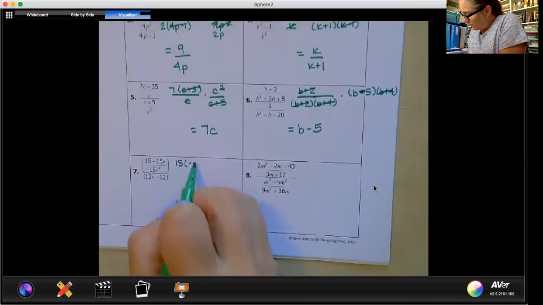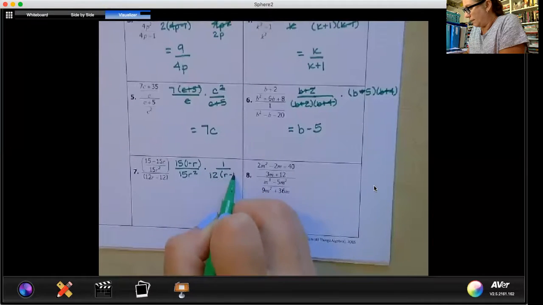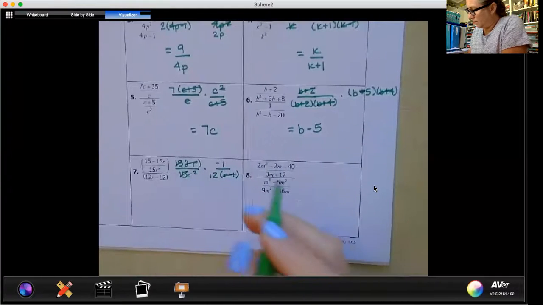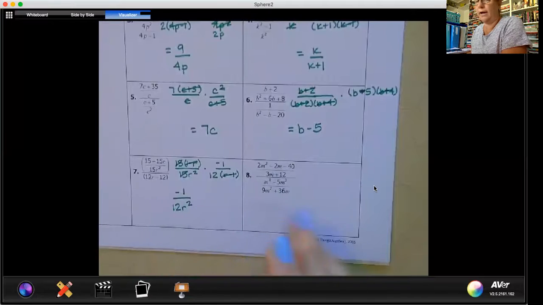Next, 15 times 1 minus r over 15r squared times 1 over 12 times r minus 1. Cancel with a negative 1. 15's cancel here, and you have negative 1 over 12r squared.